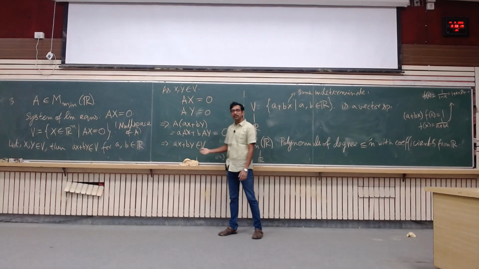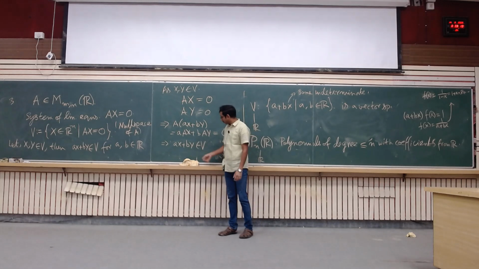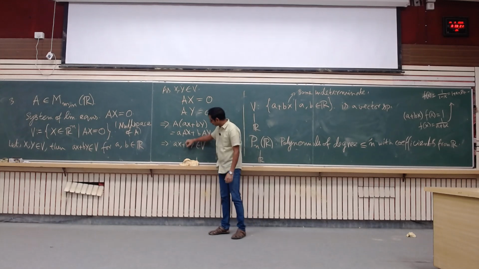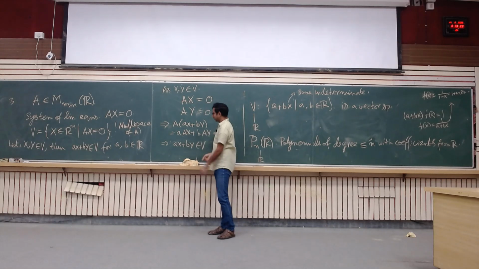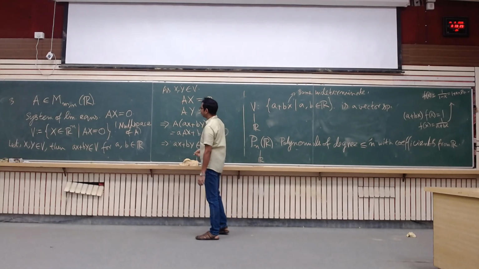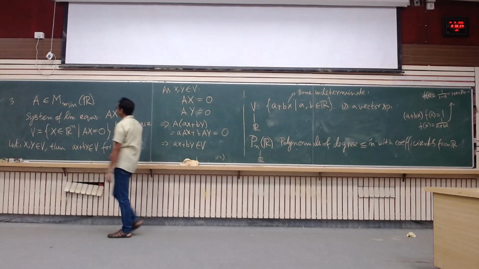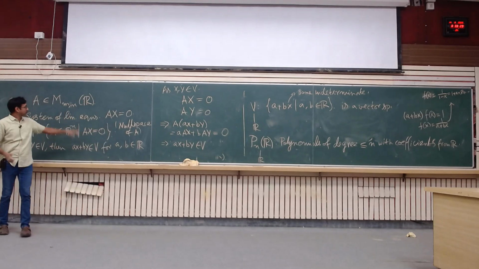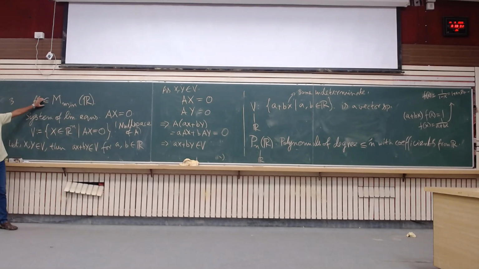One is the identity thing. We don't even have to check that, because there is a well-defined scalar multiplication on the set. We are considering x in Rn, and Rn is itself a vector space.